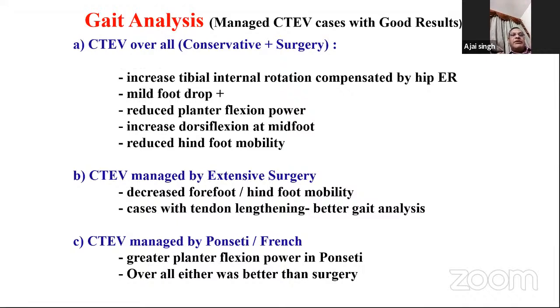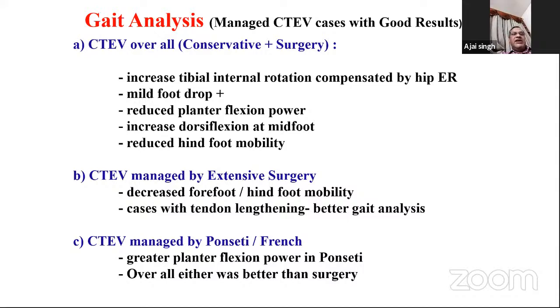Gait analysis is nowadays very important, and we have found abnormality in the gait analysis, and it is corrected by the conservative treatment as well as by surgery.